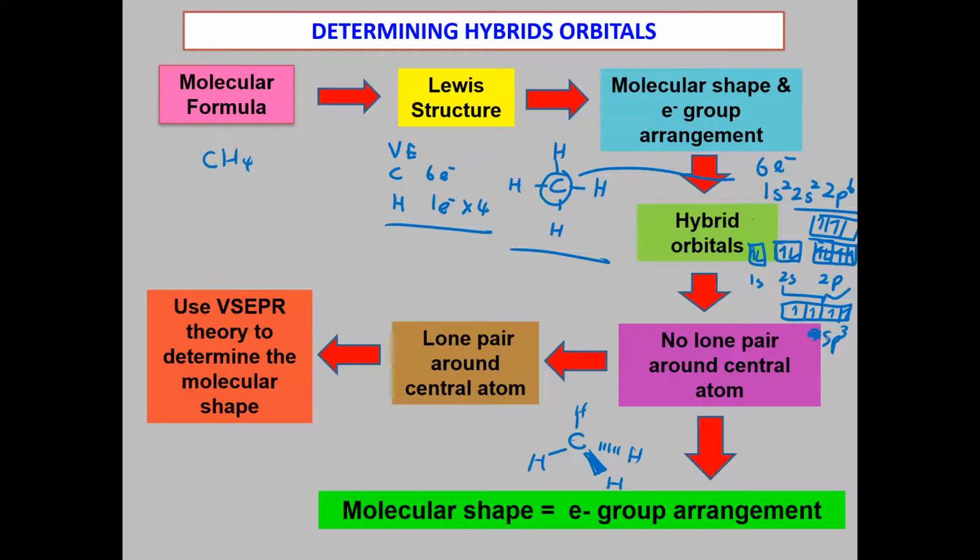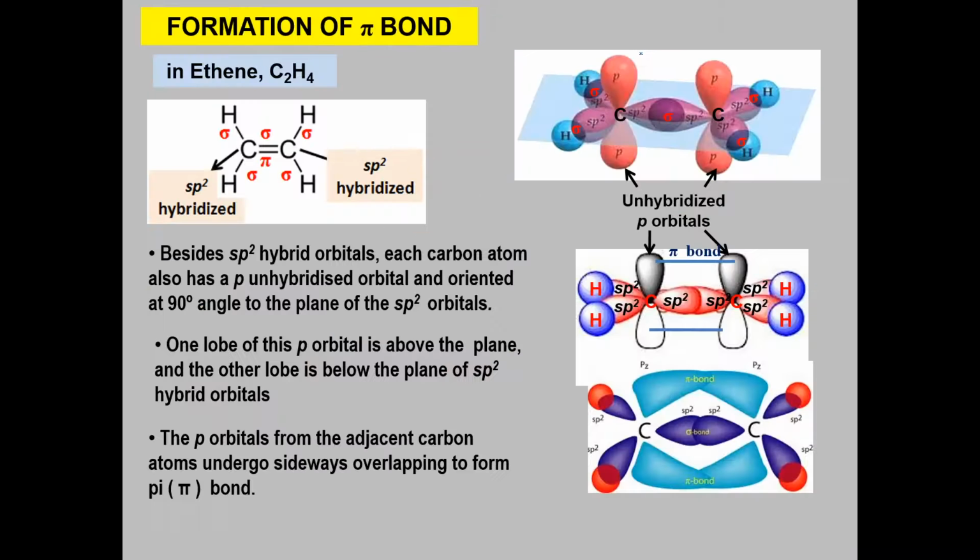So having 2 unpaired electrons, right? So the bilangan of unpaired electrons does not correspond with the amount of bond yang dia ada. That's why we come up with hybrid orbitals punya theory, right?